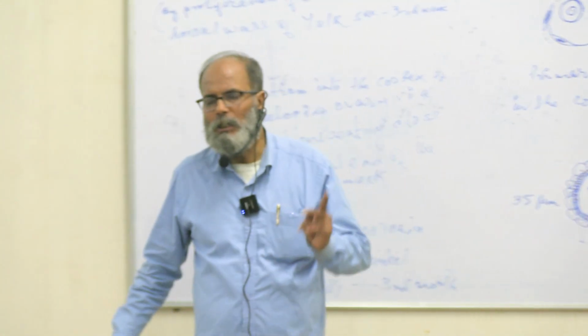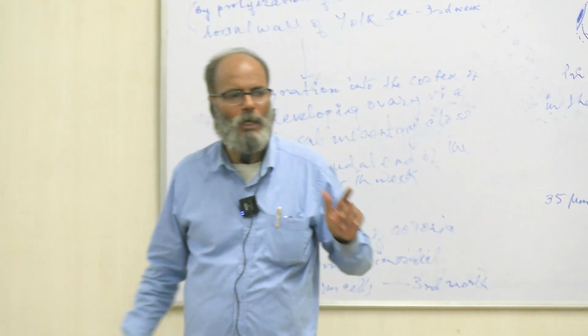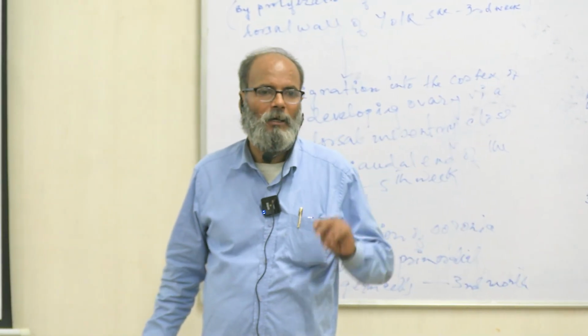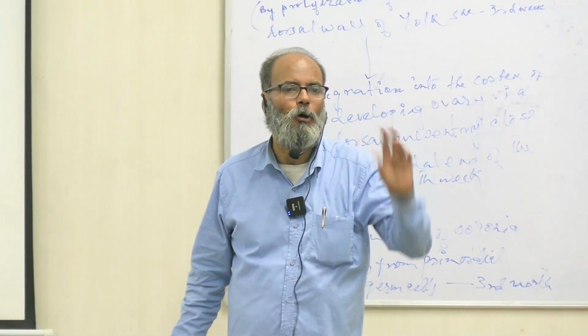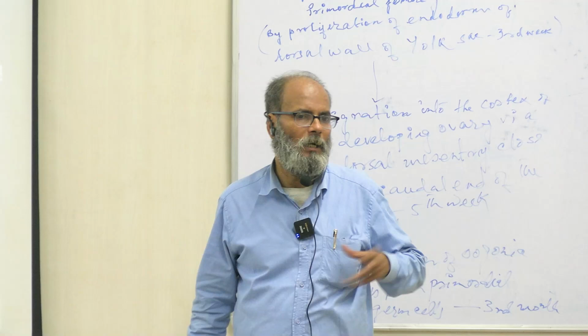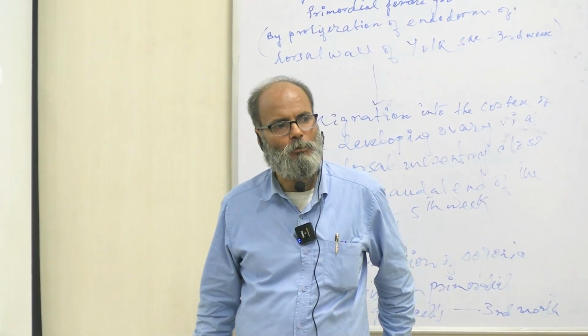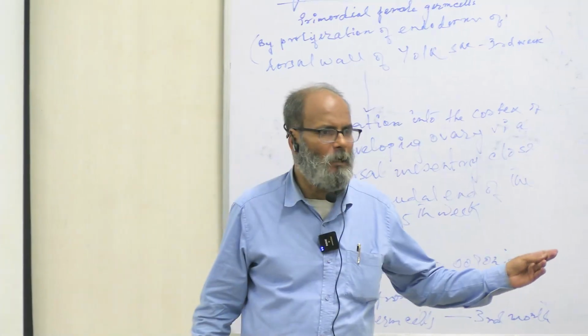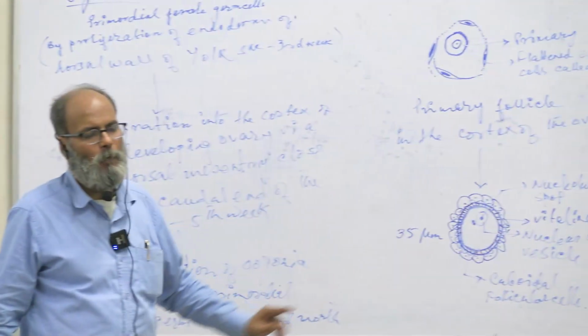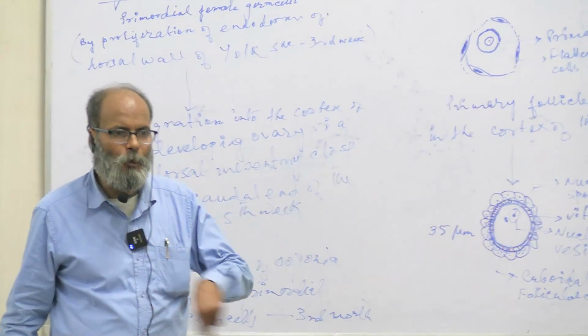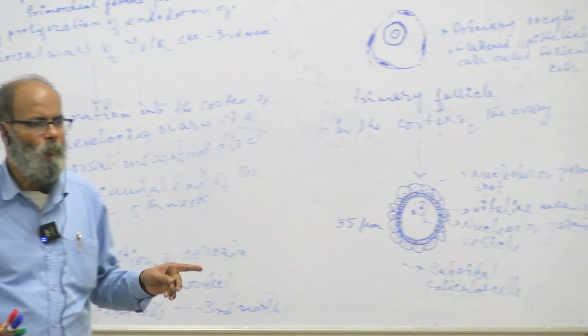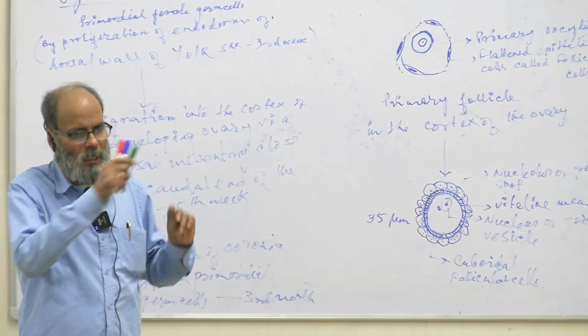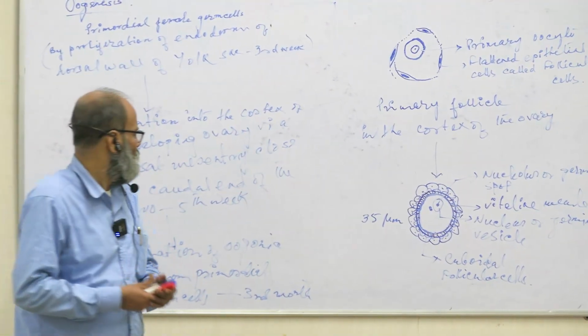Sometimes this Dictyotene stage remains up to 40 years or more in a woman. And during puberty, what happens? This primary oocyte completes the first meiotic division and gives rise to the secondary oocyte and the first polar body.